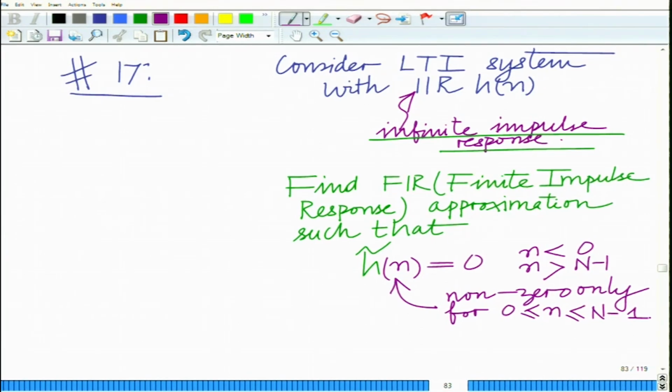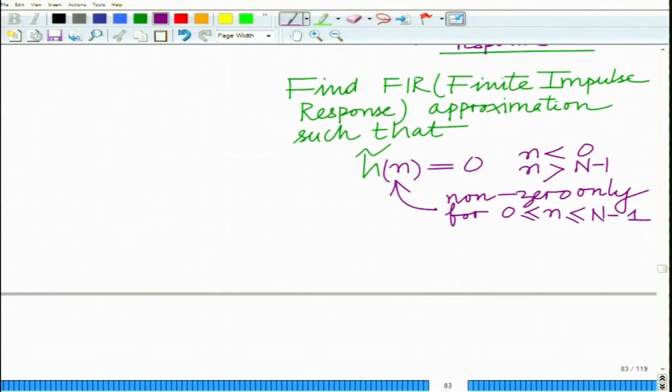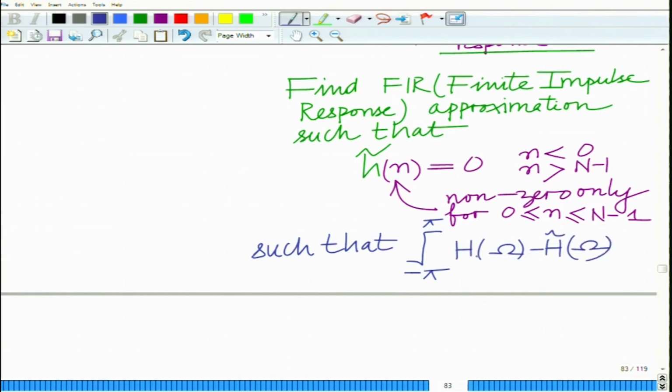So, what we want to find is the best FIR approximation such that the following quantity, integrated over minus pi to pi, because the DTFT is periodic, that is H of omega minus H tilde of omega, is minimized.